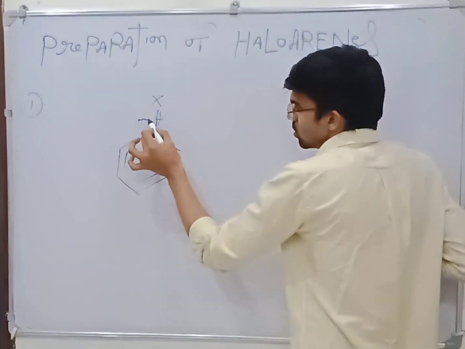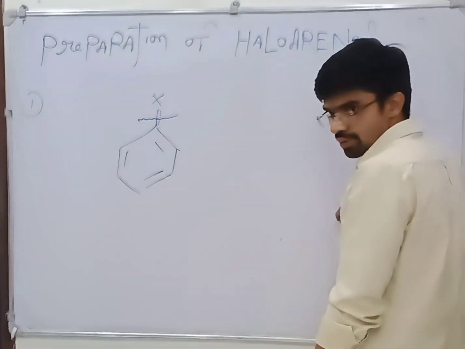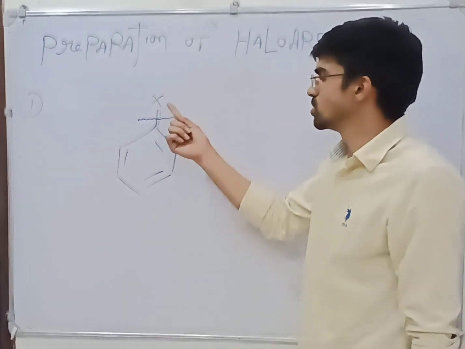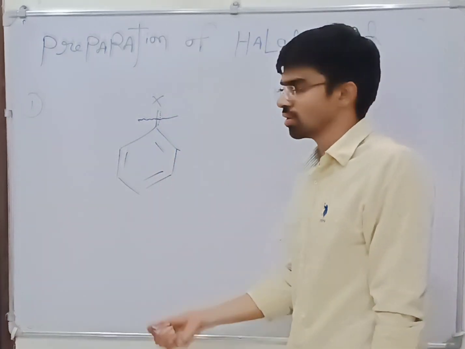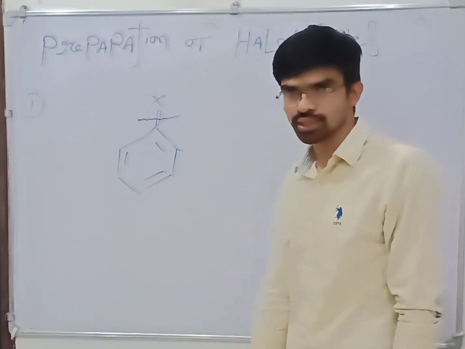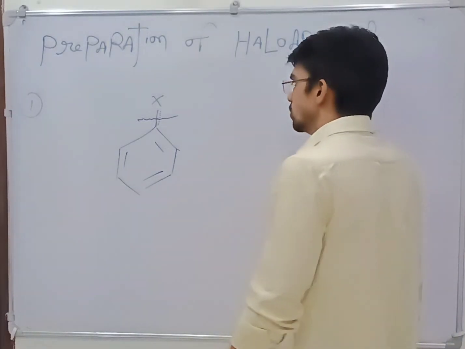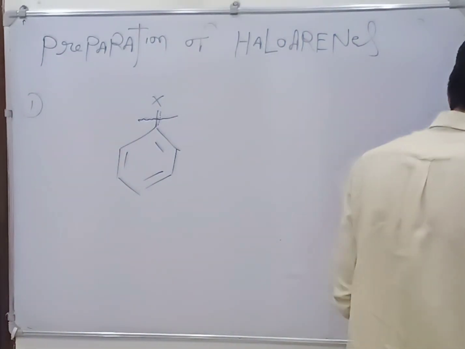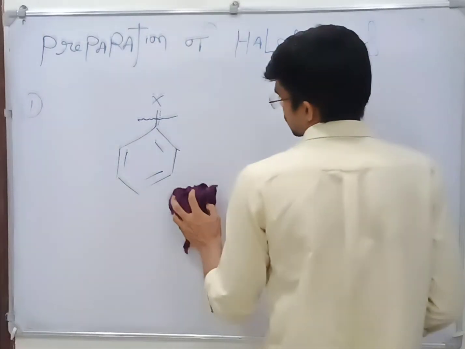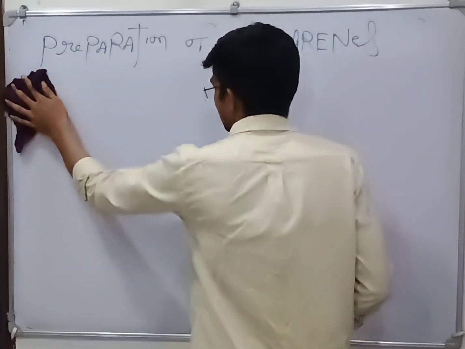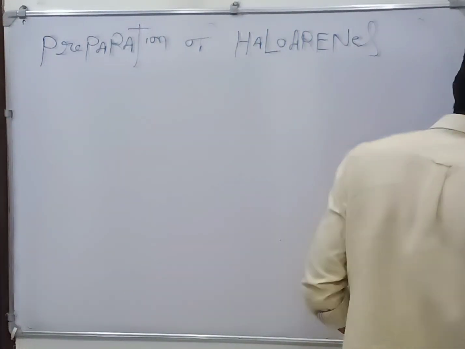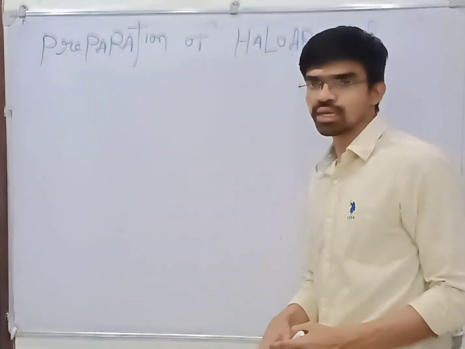It is not possible to break this bond between the halogen and the benzene ring because of the double bond character. So that is why it is not possible to give nucleophilic substitution reaction. That is why for haloarenes we use the electrophilic substitution reaction.